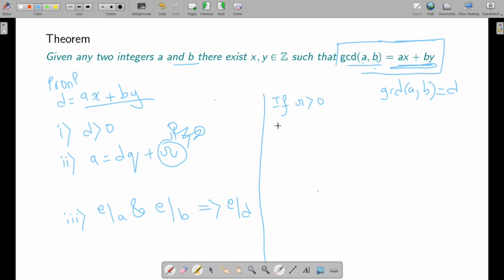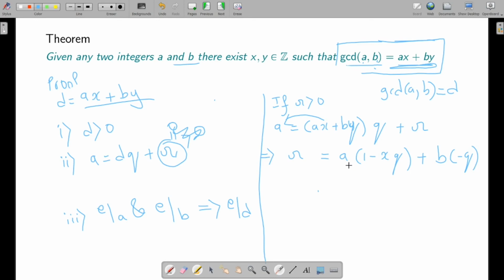This will mean that, substituting in place of B, you will get A is equal to (AX plus BY) times Q plus R, which means that R here is going to be equal to, take this on that side, so you'll get A times (1 minus XQ), I hope I'm not making any errors, plus B times (minus YQ).